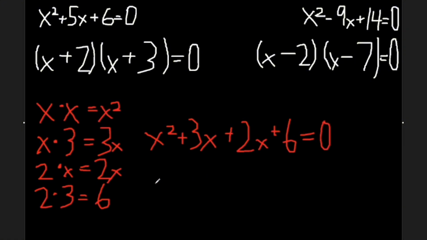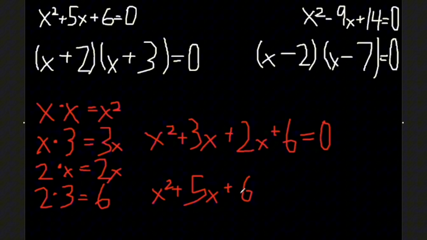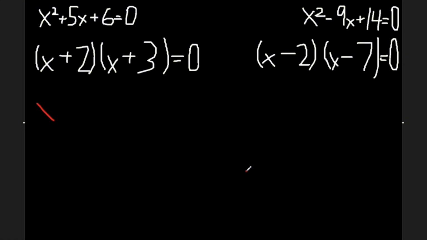Now all we need to do is combine the like terms, 3x and 2x. x squared plus 5x plus 6 equals 0. Now, do they match? Yes, they do. Now we can finally move on to the next question.